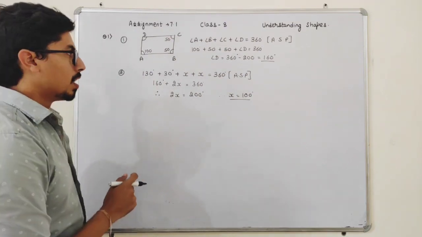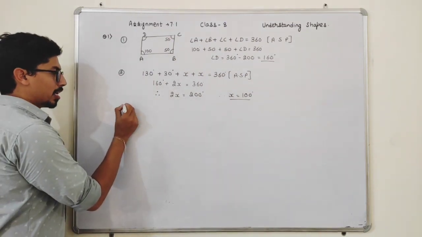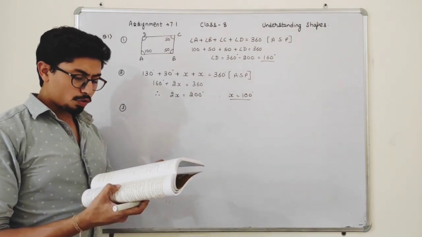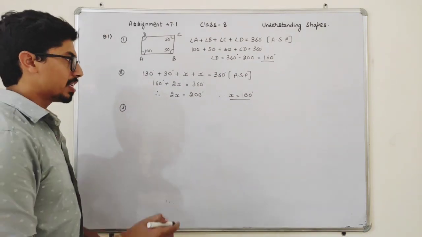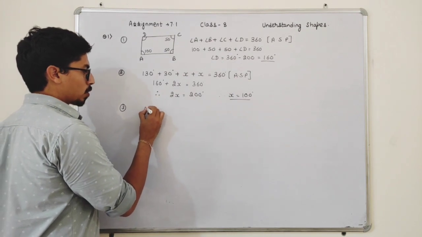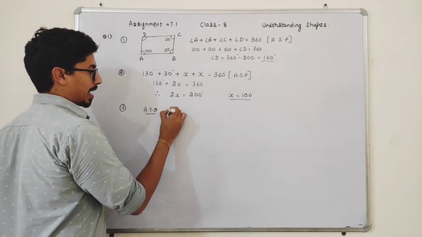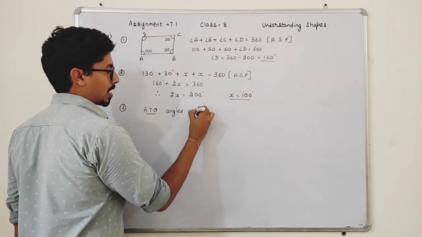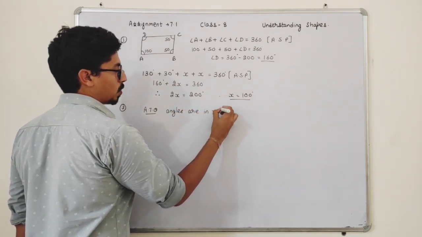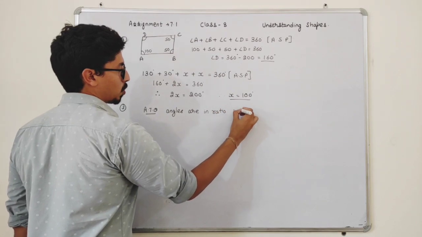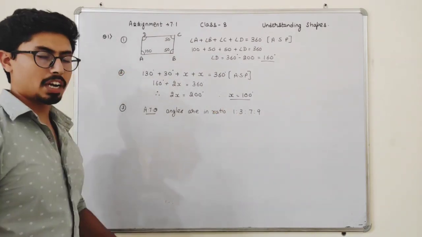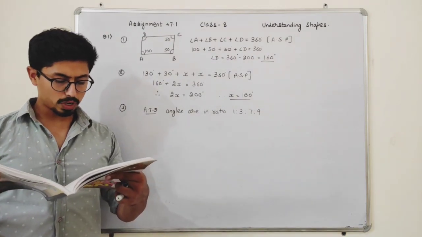Okay, students. Now, first question, third part. The four angles of a quadrilateral are in the ratio 1:3:7:9.